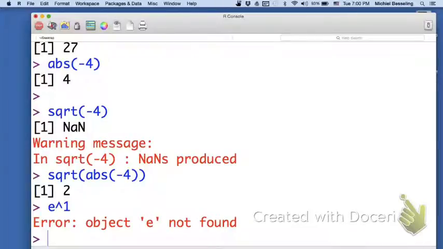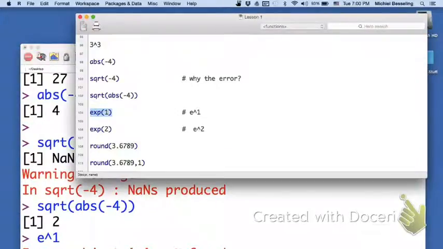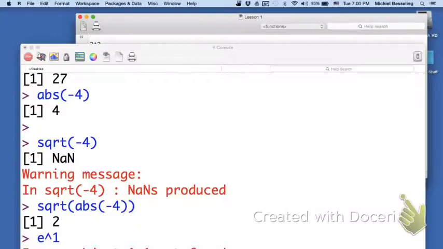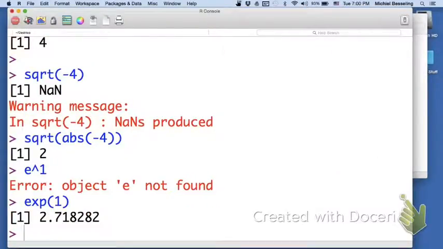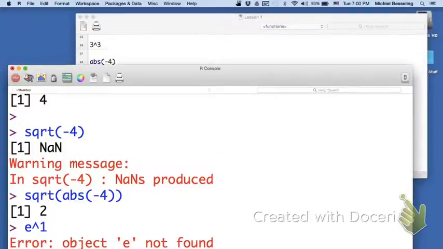So what we can do instead is use this function exp, which essentially exponentiates the number e to the first power. So if you weren't sure what value e was, well, there it is, 2.7182818, and so on and so on.